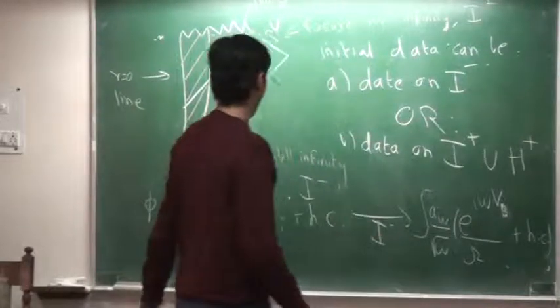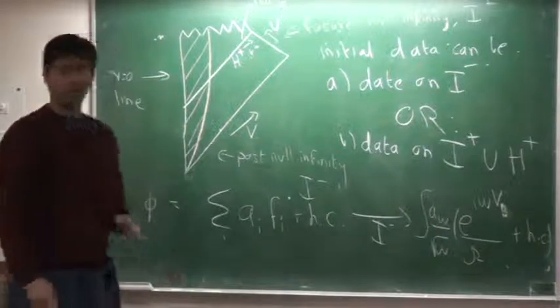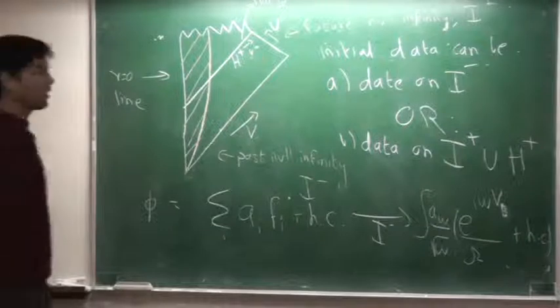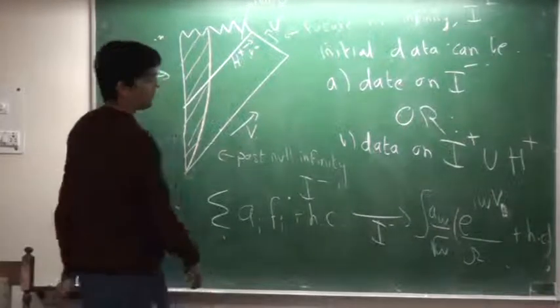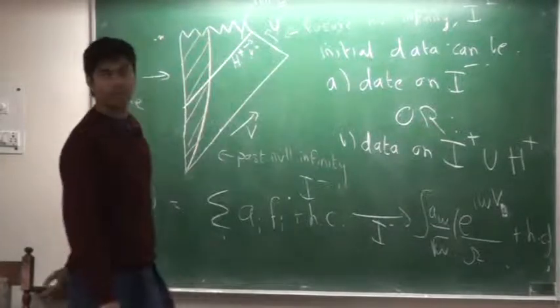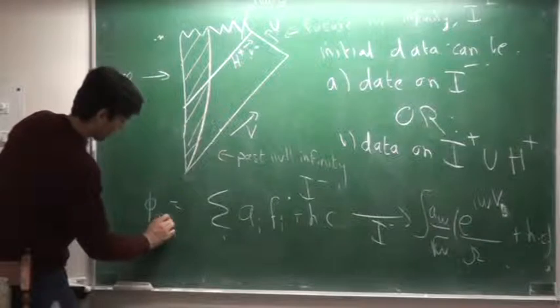This is not a vacuum state you're taking. This is just an expansion for a field. There's no state right now. It's just an expansion. There's another expansion you can write down, which is an expansion of the fields on future null infinity. Let me call this phi past.